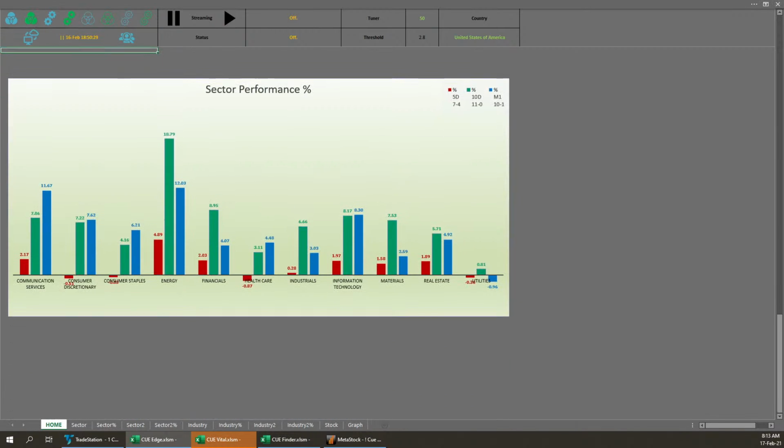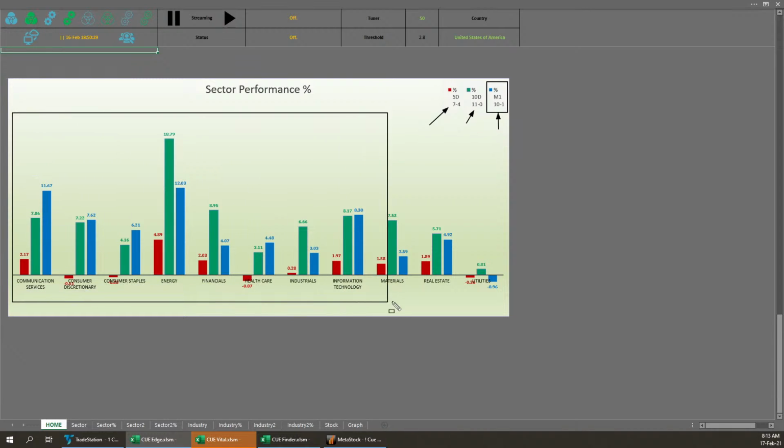If we take a step backward, looking at a longer term period, over 5 days, 7 sectors are up, 4 down. Over 10 days, 11 up, no sector is down. Over 1 month, 10 sectors are up, 1 is down. Over a 1 month period, the sectors have remained bullish for many weeks now, and this stepping back picture is overall bullish.